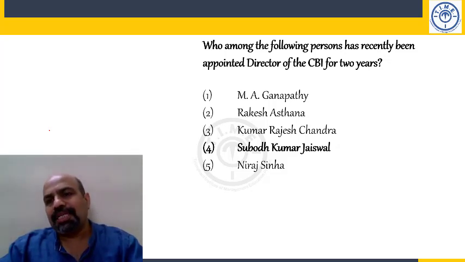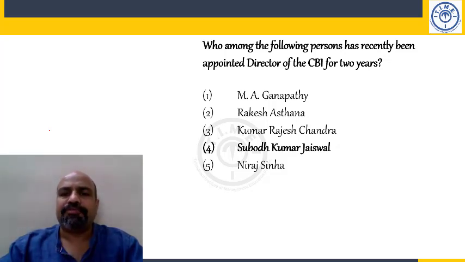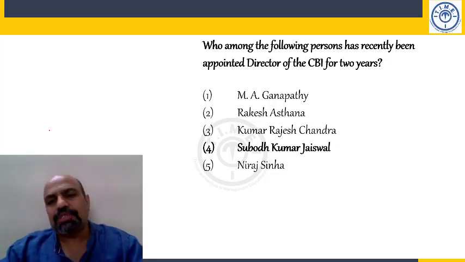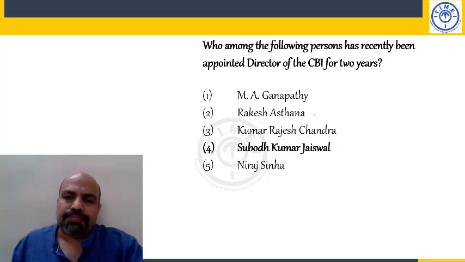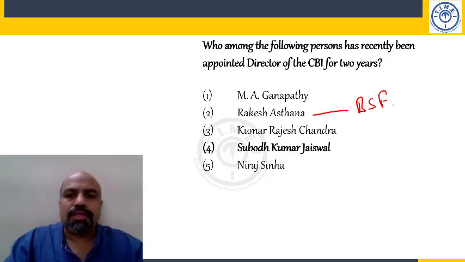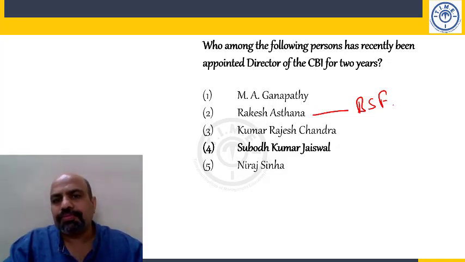Whom of the following persons have recently been appointed director of the CBI for 2 years? Some questions will touch and go. Okay? Sushilkumar Jaiswal. Rakesh Asthana, Director General of Border Security Force.